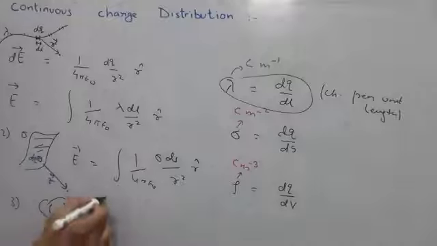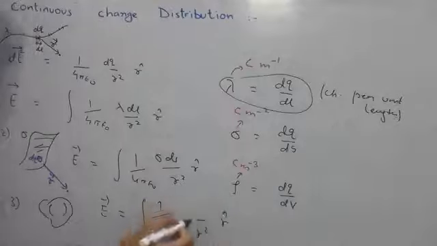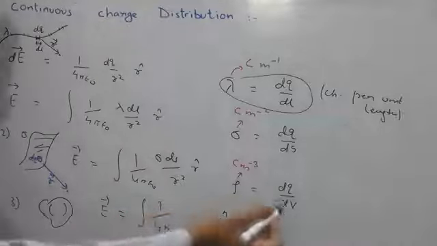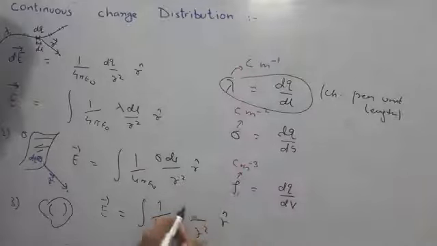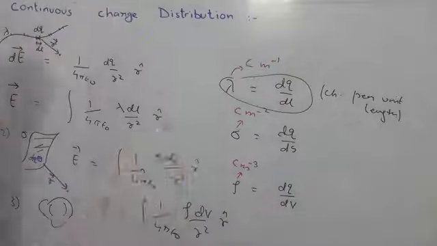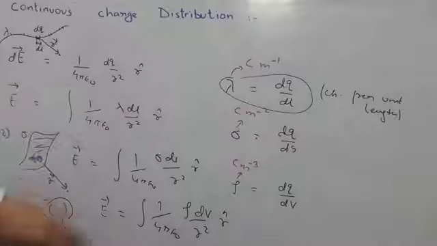that will simply become E is equal to integration 1 by 4 pi epsilon naught dq upon r square. That dq you can guess what we shall write here, that dq will become rho multiplied by dv. So don't bother much about them right now. When a given question will be there, you will be easily able to integrate these values.